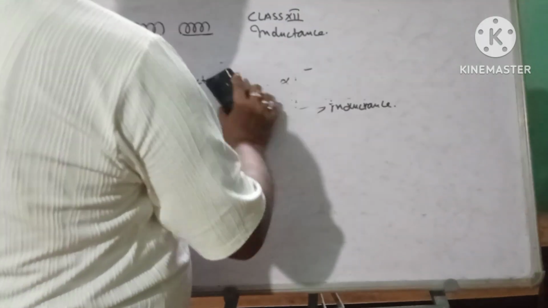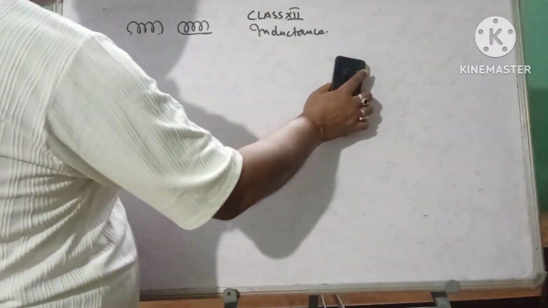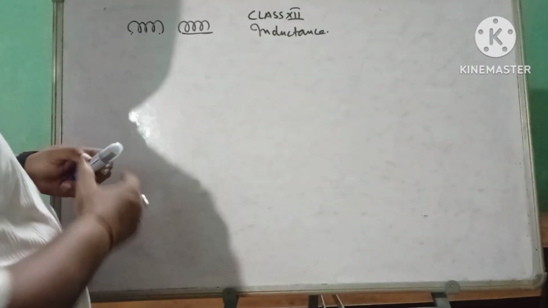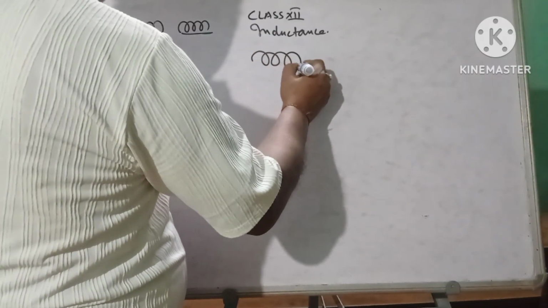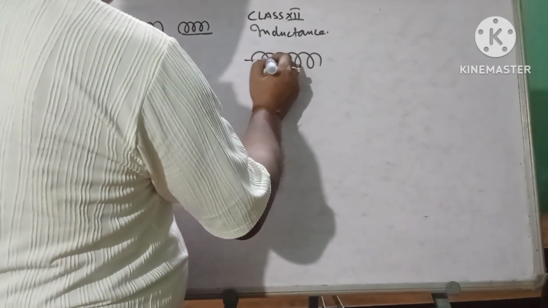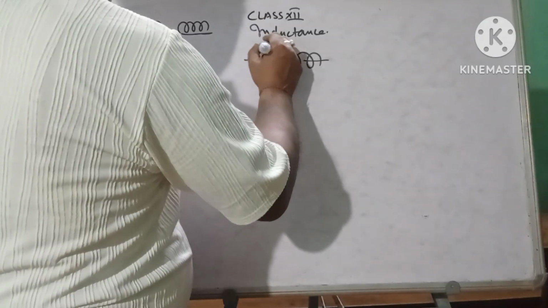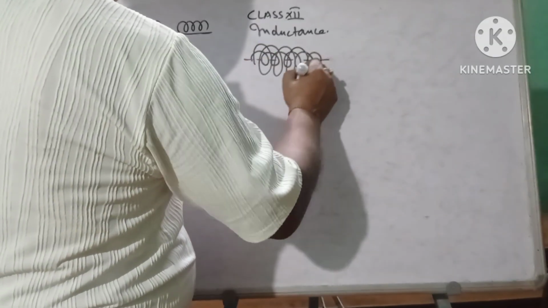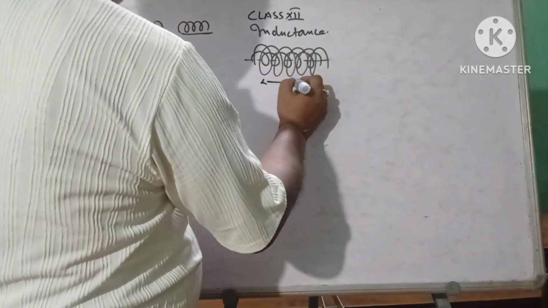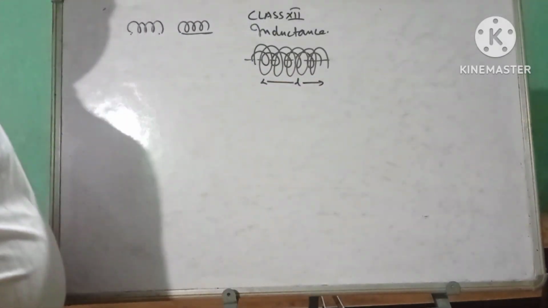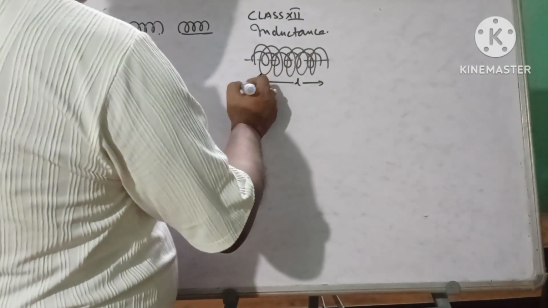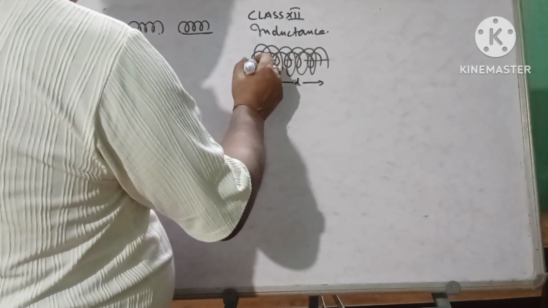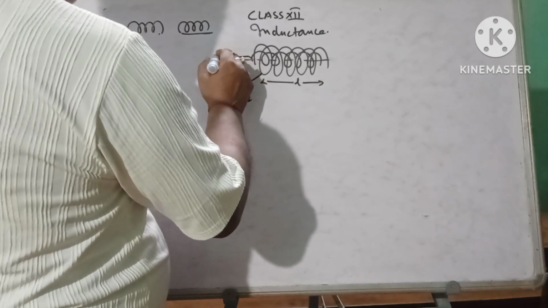Here you see mutual inductance, that is, we are considering two coils, one smaller coil and another bigger coil, where the smaller coil is inside the bigger coil, and we consider the length of the coil, like a solenoid, L. This is the S2 coil and the smaller one is the S1 coil.